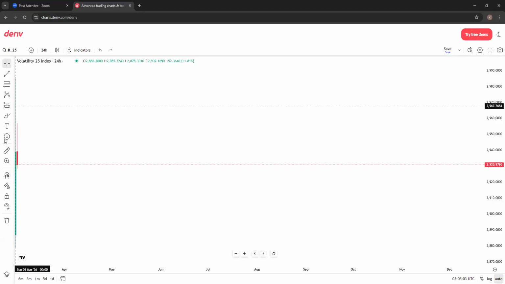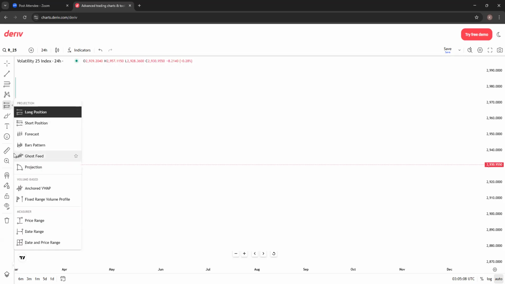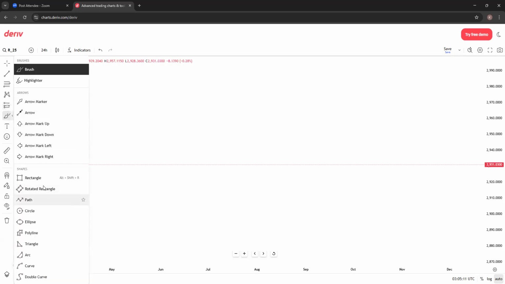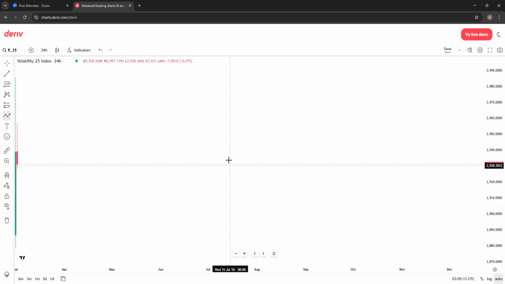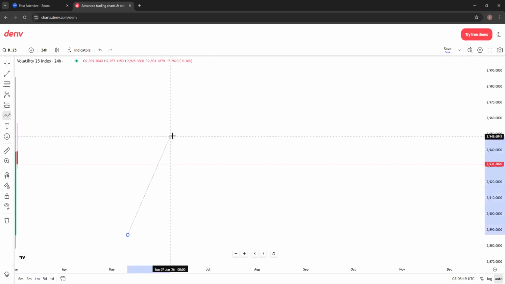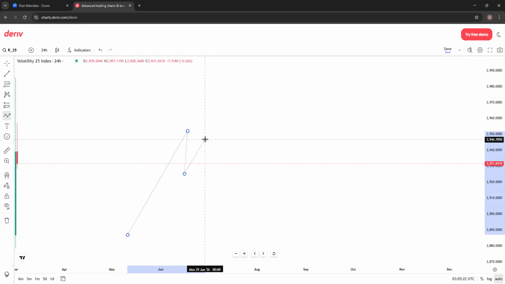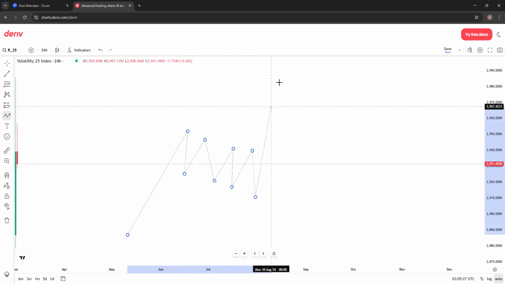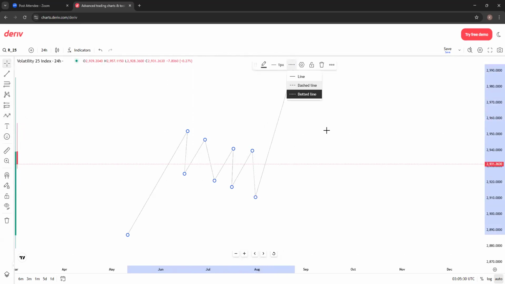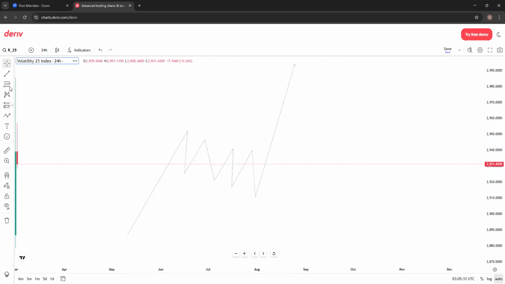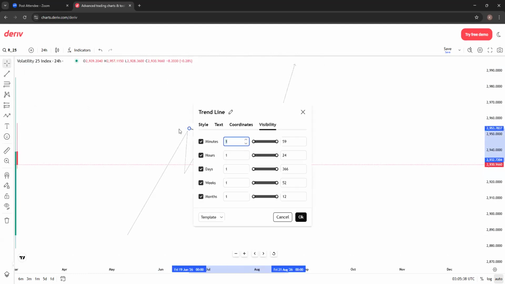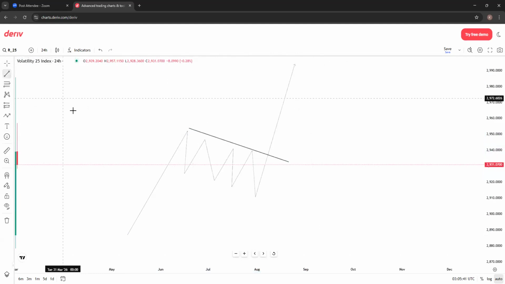So a flag pattern, how it looks is it looks like this. This is also another thing that I see most people doing wrong. If we're in an uptrend, our flag has to face down, right? So that it continues going up, right? And if we mark it, it has to look like this, right?